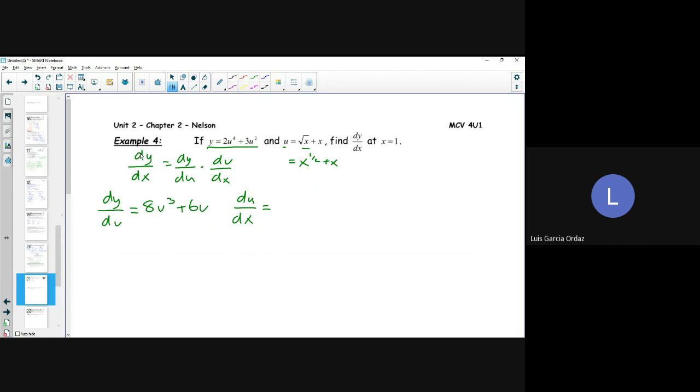Okay, we have 1/2 x to the negative 1/2 plus 1. Perfect.